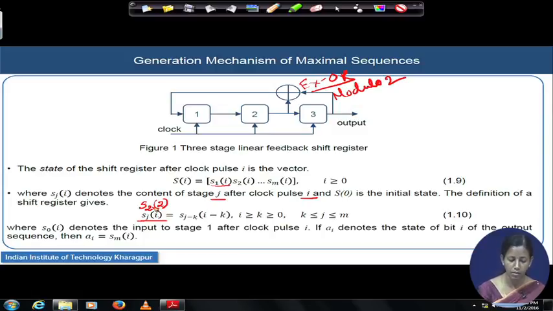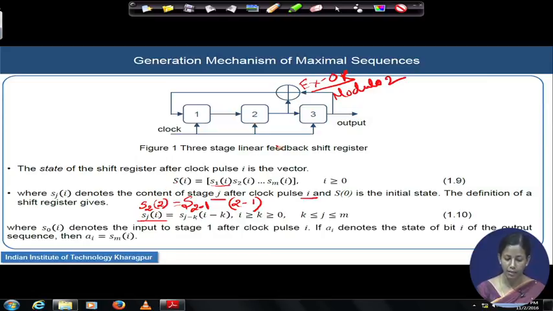what will it be? It will be the value stored in stage two minus k, at k clock pulses earlier. Whatever value was stored here during the clock pulse time of the first one, that is what you get at the second clock pulse.